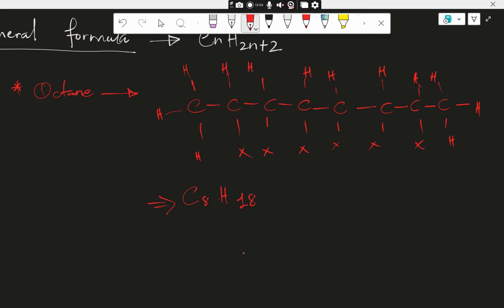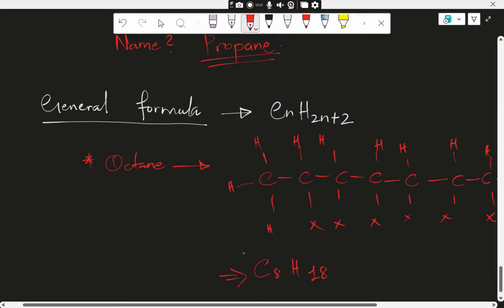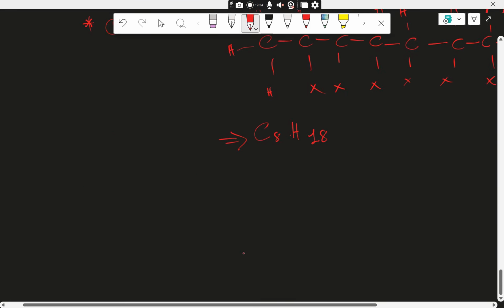So the general formula works. You can try this with decane, nonane, heptane, pentane, butane, all of them. You will see that the general formula actually works.